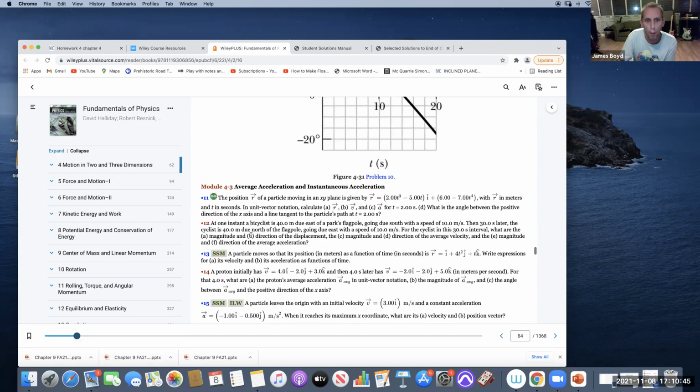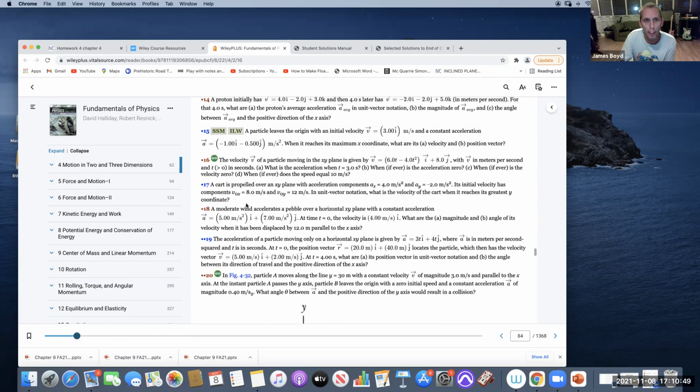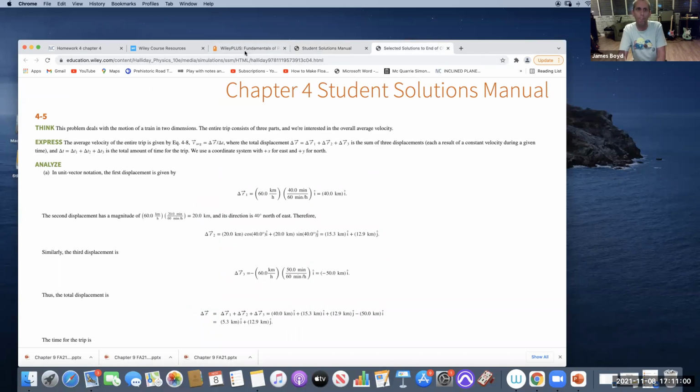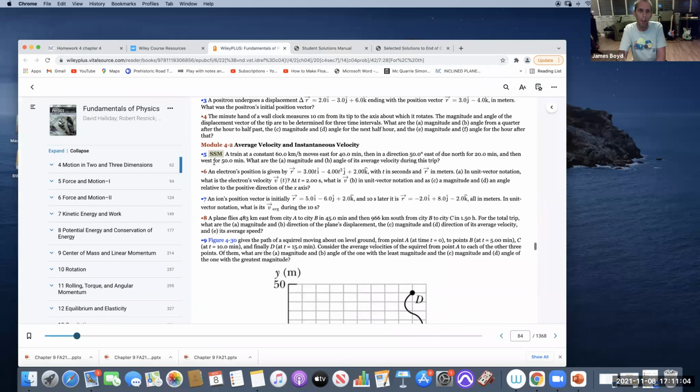So we have these problems, right? Any of the problems that say SSM are in the student solution manual for chapter 4. So like 4.5 is problem number 5 in chapter 4.